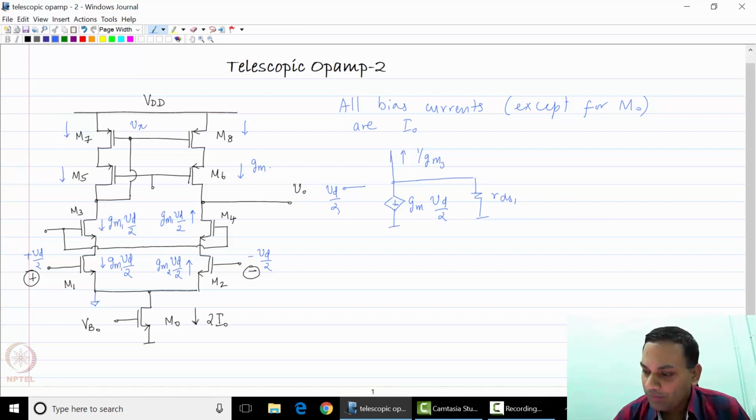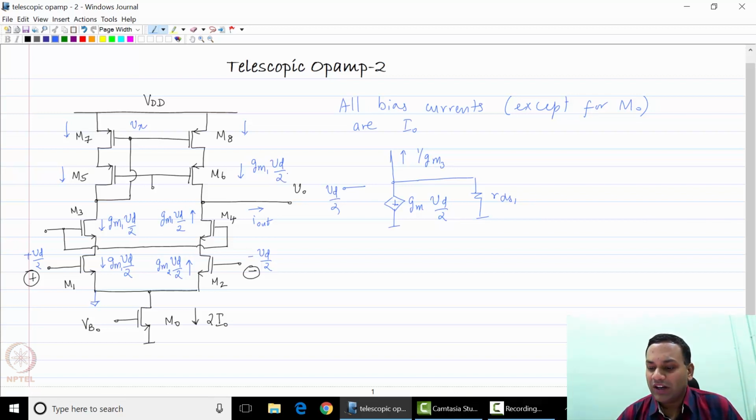Now at the output node, the current flows out. Since this circuit has no load, the current will flow through the overall output resistance at the output node.